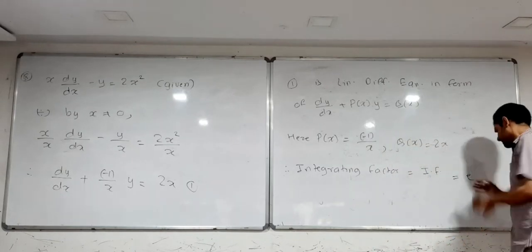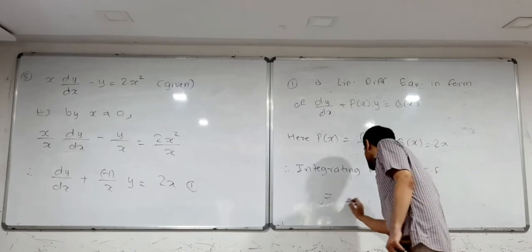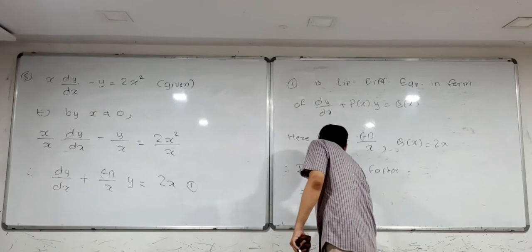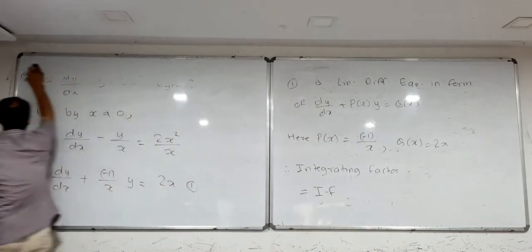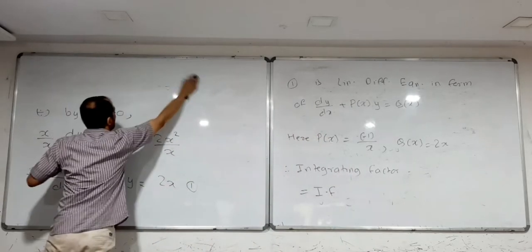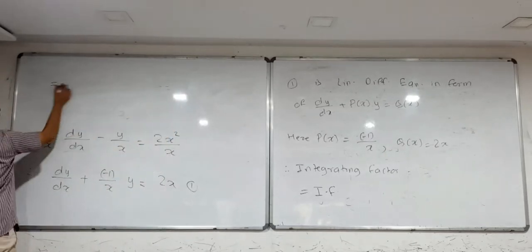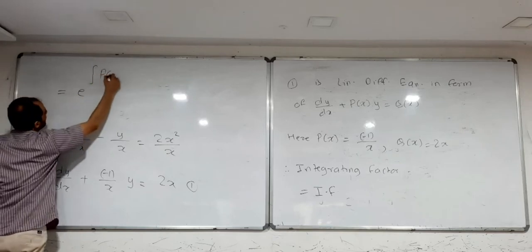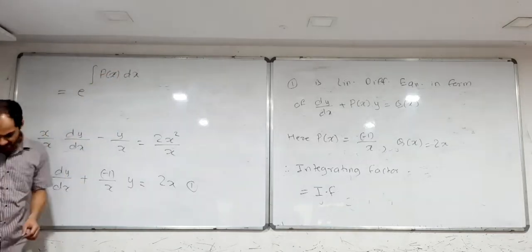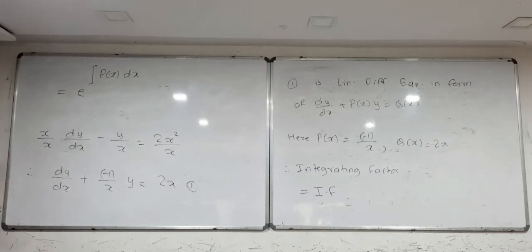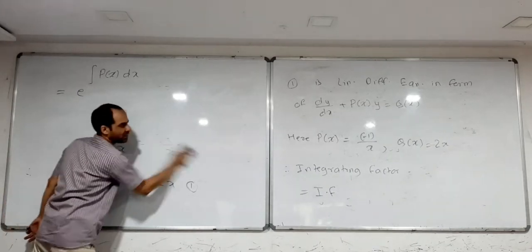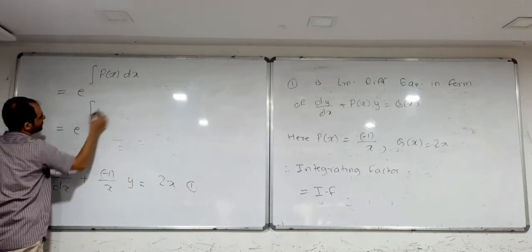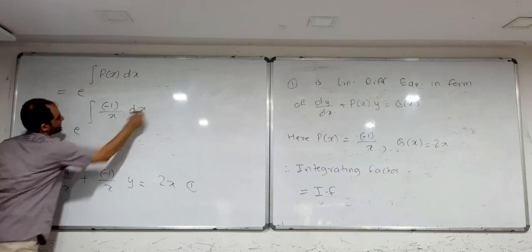IF is e raised to integration of p x dx, so we directly find p x dx. Integration of minus 1 upon x dx, which is e raised to integration of minus 1 upon x dx.